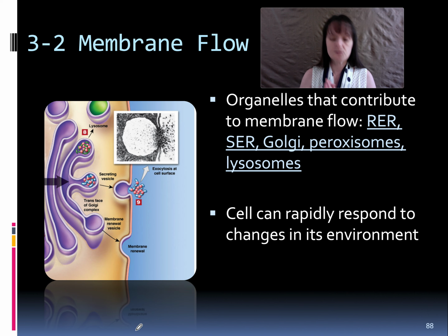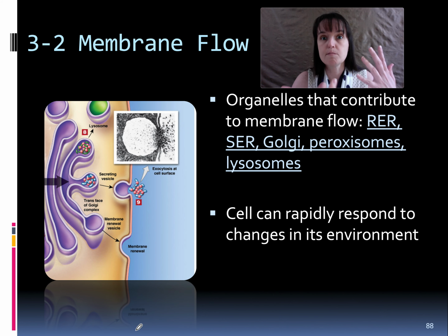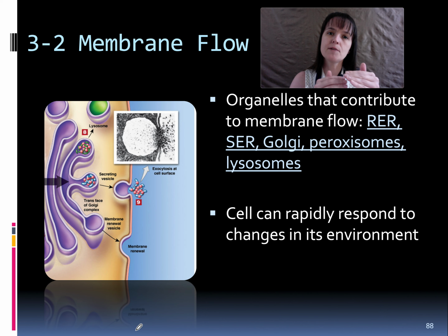The organelles that contribute to the membrane flow include the RER, SER, Golgi, peroxisomes, and lysosomes, which is basically all of the membranous organelles. Okay, all of the membranous organelles with a single membrane. So the mitochondria don't contribute, but they have a double membrane, and the nucleus does not contribute, but it also has a double membrane. So double membrane organelles need not apply.